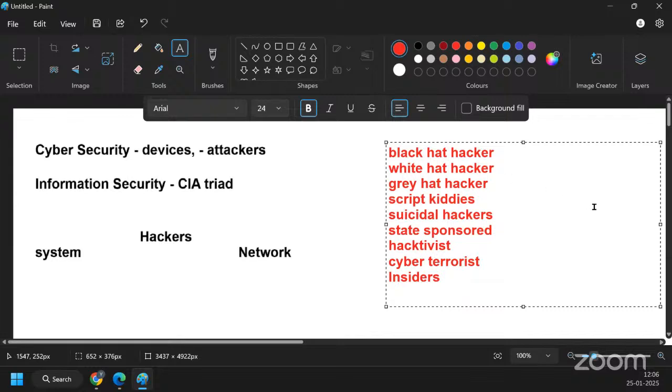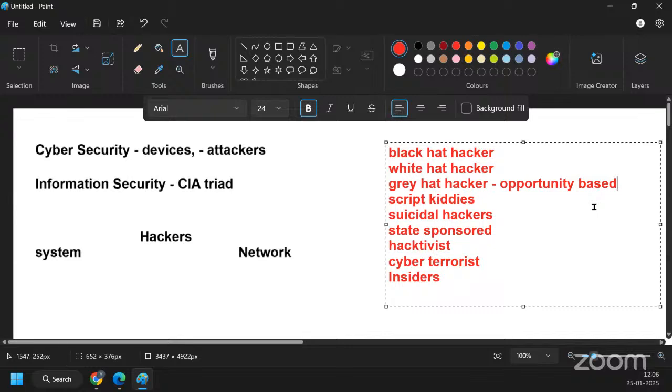Then, when we talk about the gray hat hackers, they are opportunity based, right? Have you guys heard about bug bounty hunters? So the bug bounty hunters try to get unauthorized access to our system and services, and later they provide information to the organization: boss, these are the vulnerabilities we have discovered in your system.